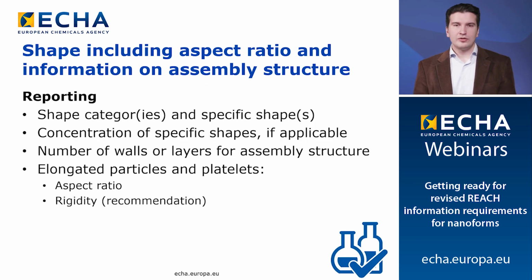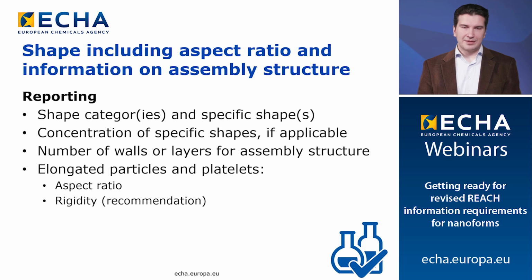Now, what should you report then on this information requirement? First of all, you need to specify the shape category that we mentioned in the previous slide and the specific shape that falls under that shape category. Then you need to report the concentration of the specific shapes, if there are different shapes covered by that particular particle. Then in specific cases, you need to provide some additional information.